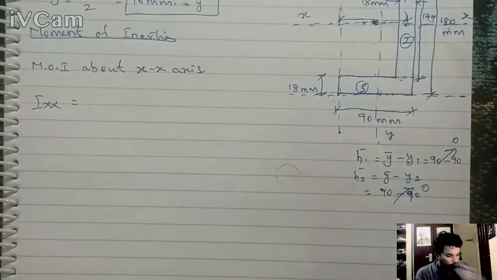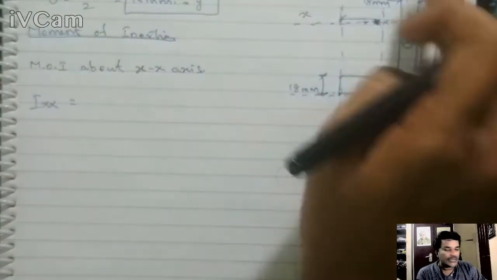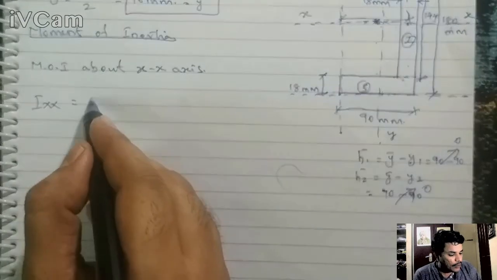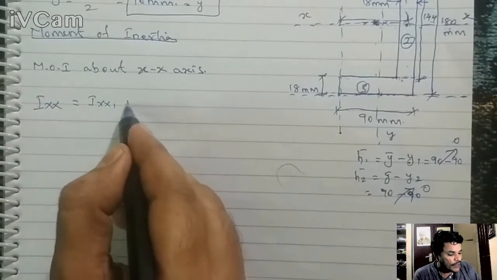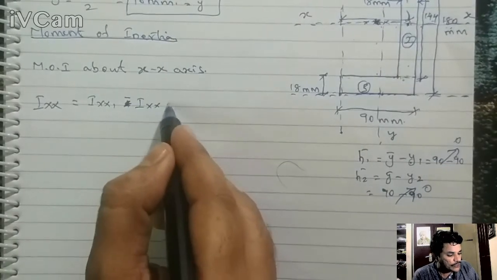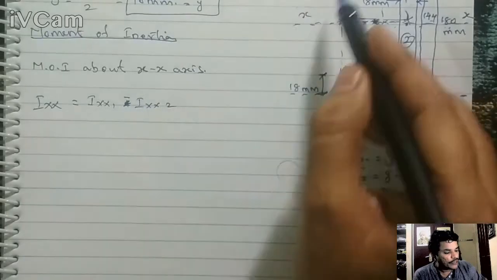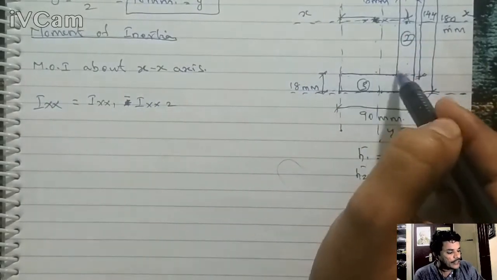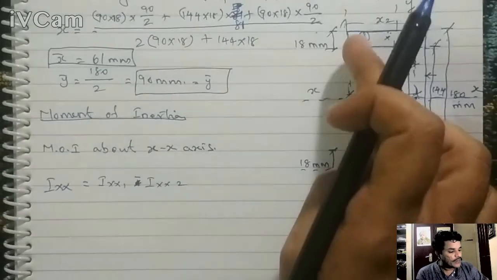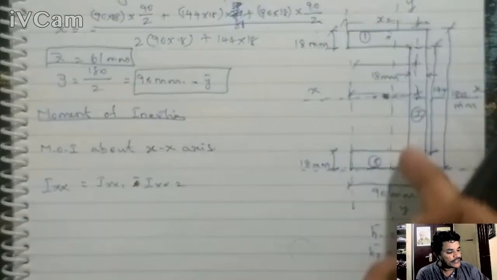Now I am considering these two sections, not three sections. The big rectangle is the first section and the small rectangle is the second section. That is Ixx1 minus Ixx2. Why minus? Because the small rectangle, the inner box, must be subtracted from the outer box, and you will get the channel.